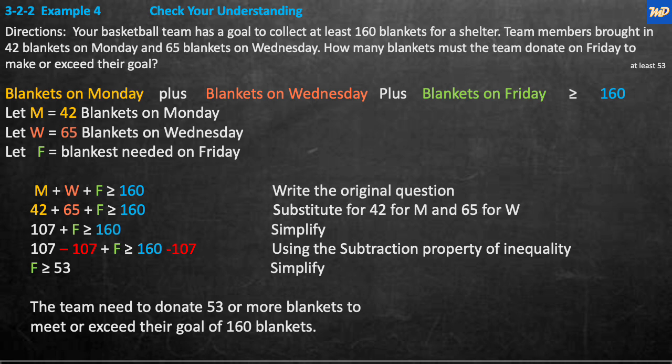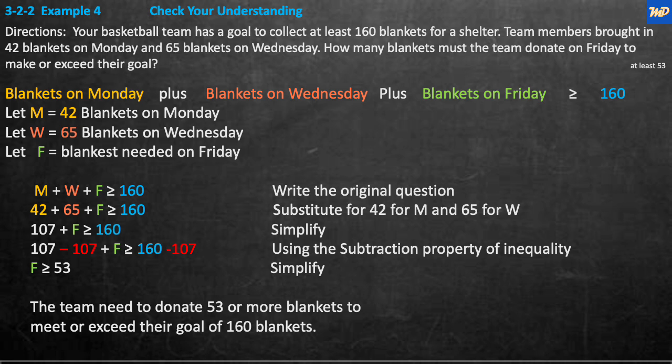Okay, so your basketball team has a goal to collect at least 160 blankets for a shelter. The team members brought 42 blankets in on Monday and 65 blankets on Wednesday. How many blankets must the team donate on Friday to make or exceed their goal? So what do we do?